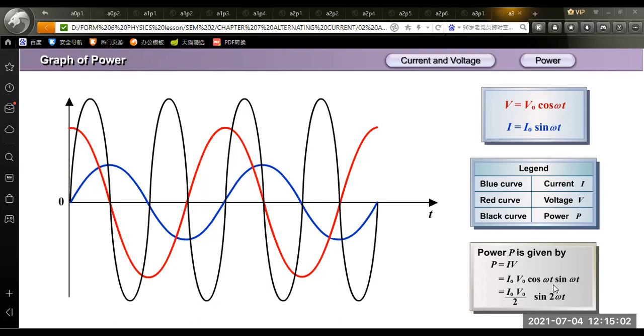As a result, we get I naught V naught over 2 times sin 2 omega t. So the power of the inductor is equal to the peak current times the peak voltage, divided by 2, times sin 2 omega t.